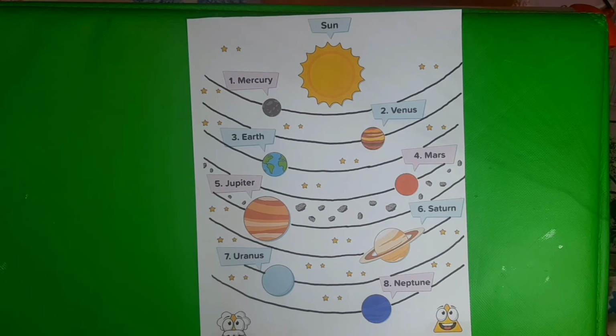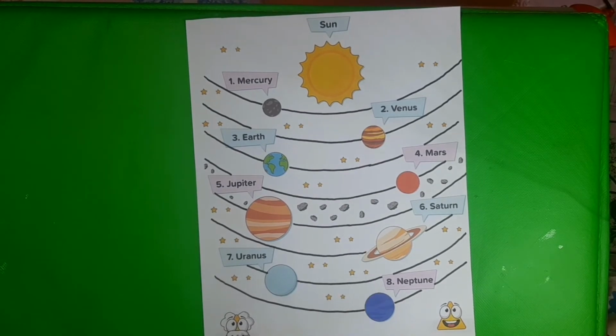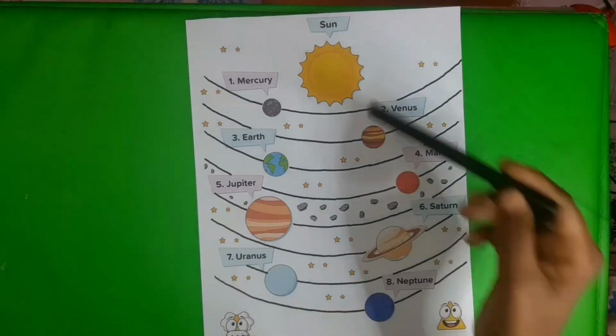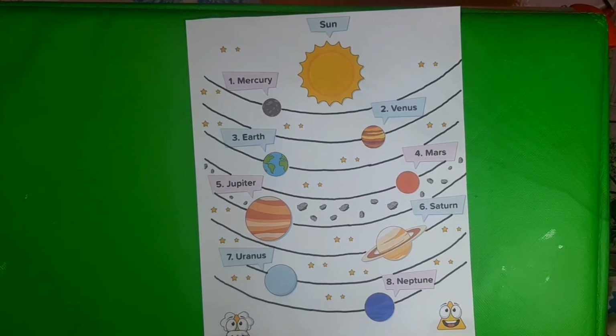But now it's only 8 planets in the solar system. Pluto is delisted. Until 2006, all schools had taught 9 planets in the solar system. So we saw all those planet names also, 8 planet names. In August 2006, scientists said there are only 8 planets according to the IAU.